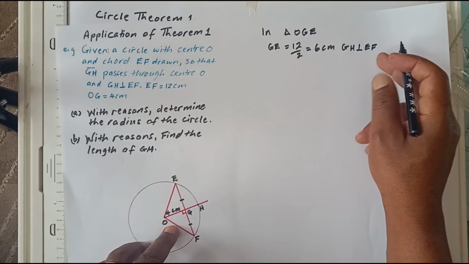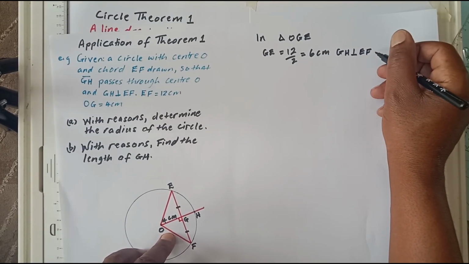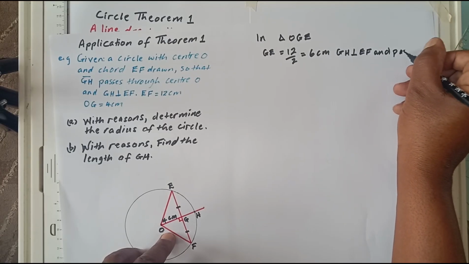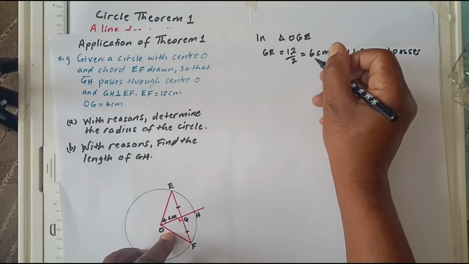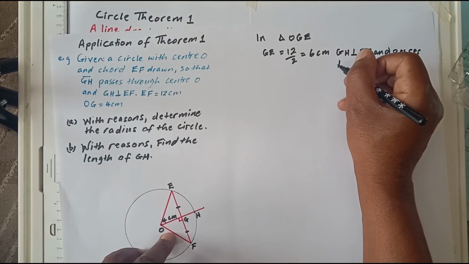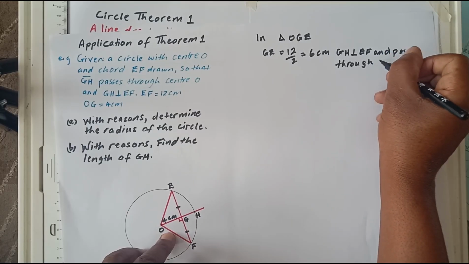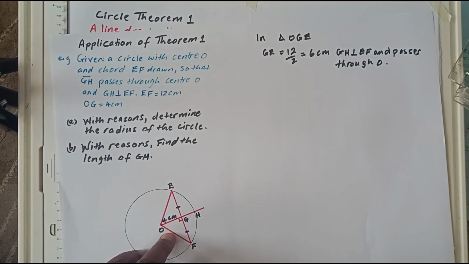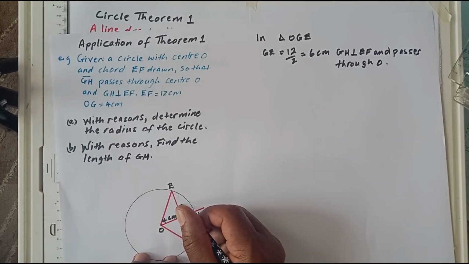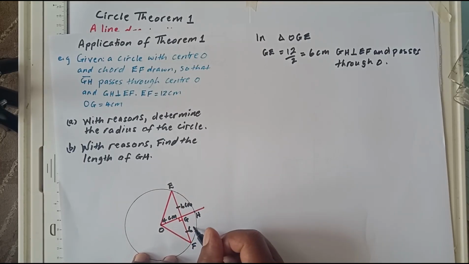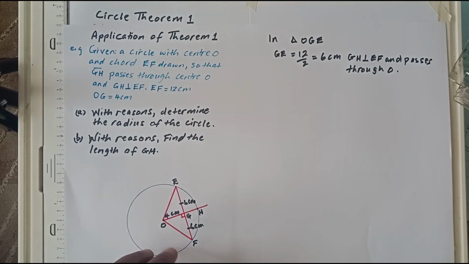GH is perpendicular to EF, and we can say it passes through O. That's the first reason. So I can come and write 6 centimeters in the diagram, so that I am able to visualize properly.